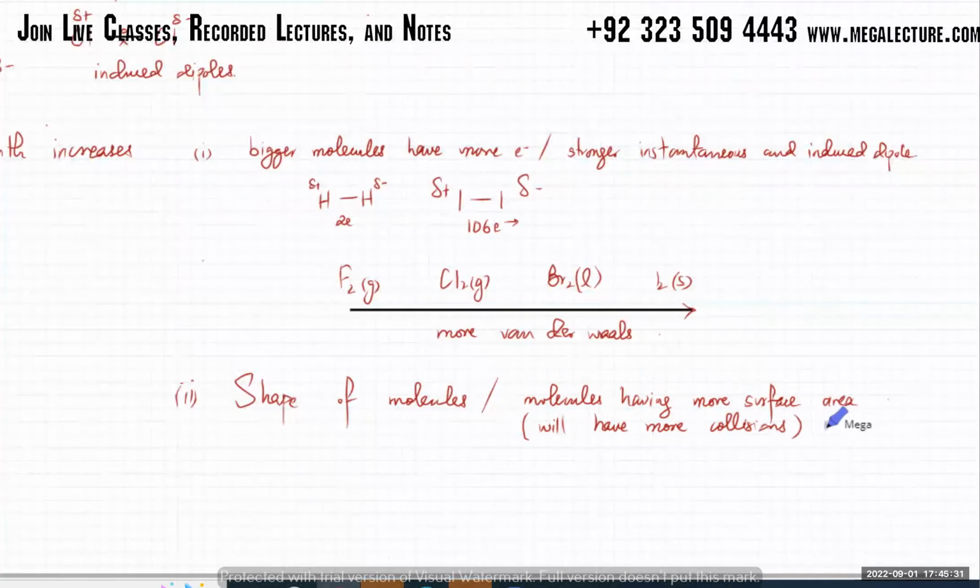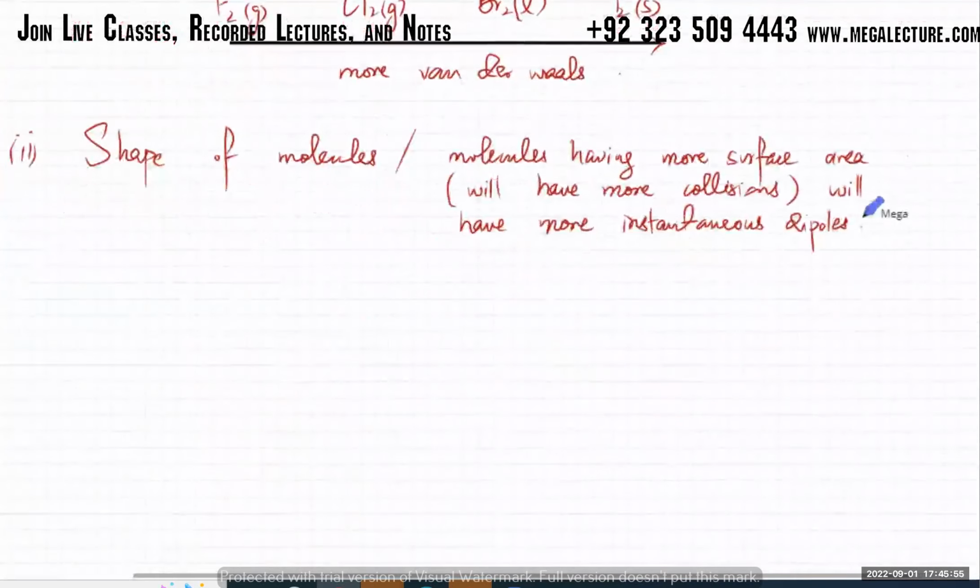And because of that, we'll also have more instantaneous dipoles. अच्छा, they're going to have more instantaneous dipoles. So shape of molecule बहुत important है. और here's the example. It especially applies to organic chemistry.